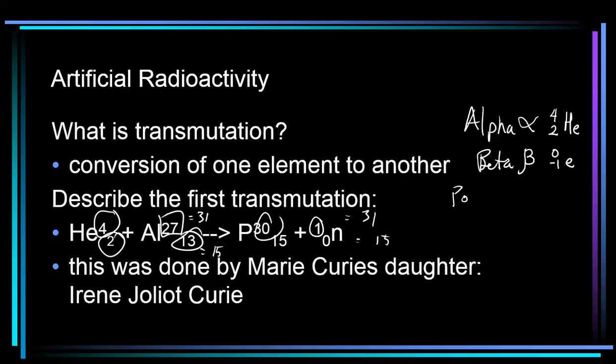A positron, which is a positive beta, is going to have the funny B with a plus on it, and it's 0, +1 E. And then finally, a neutron is an italics N, and it's 1, 0, N.